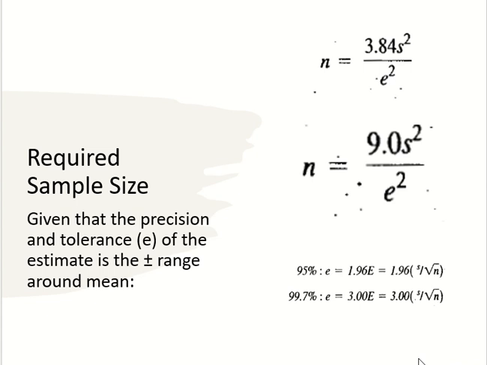Okay, that depends upon my confidence level. So this is the one which you are using. You will use the first equation. Okay. Clear? E is given, confidence level given, S from the first submission. Got it? Clear? Any questions?